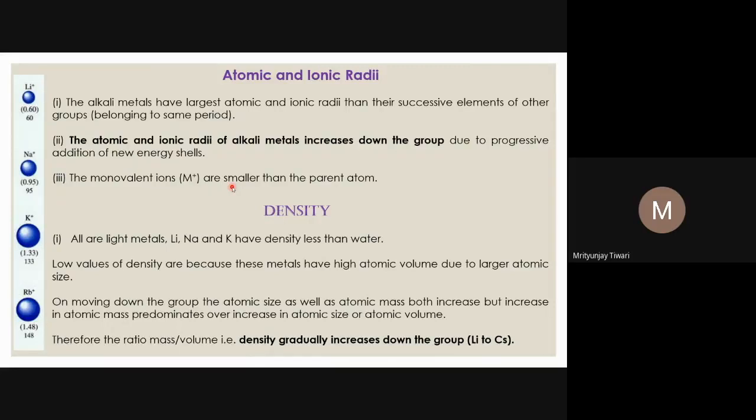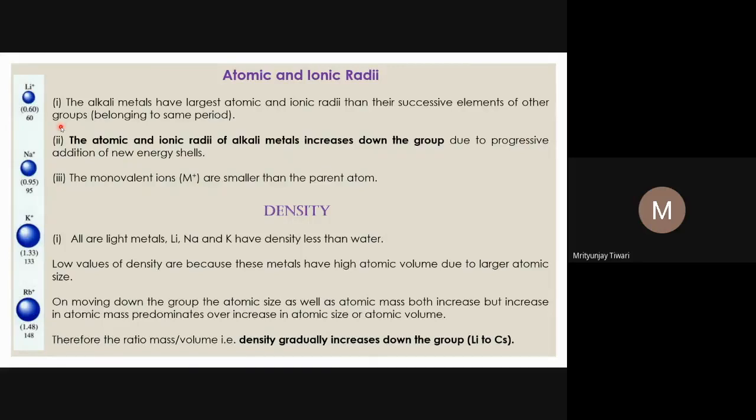The monovalent ion, the M plus that we see in the case of all the alkali metals, is smaller in size than its parent atom. And we know why the cation of alkali metals is smaller in size than the parent atom. This is because with the removal of one electron, we also remove the outermost shell.